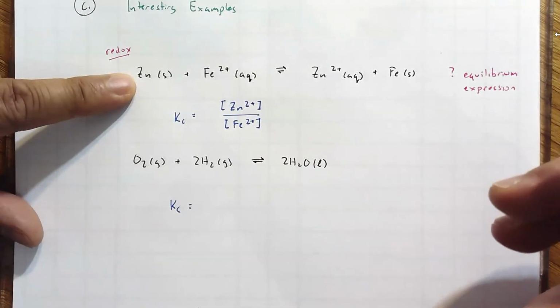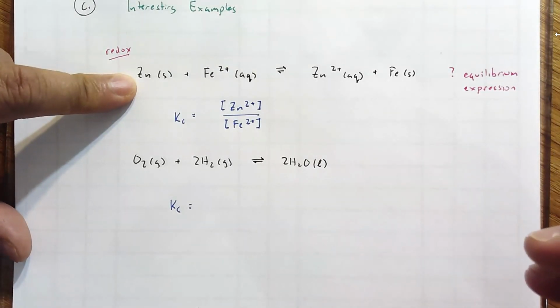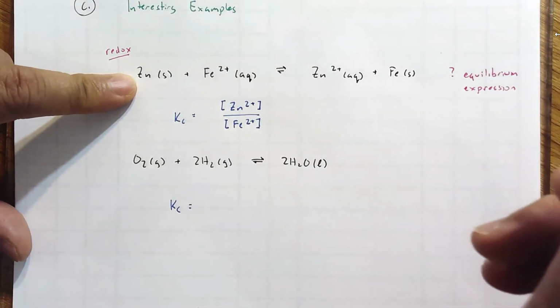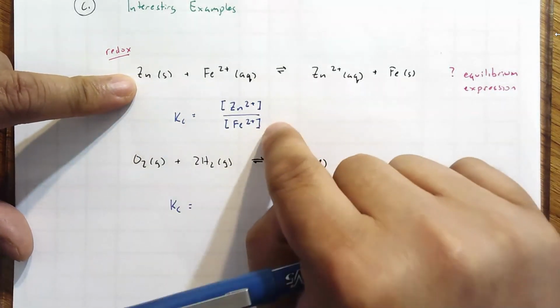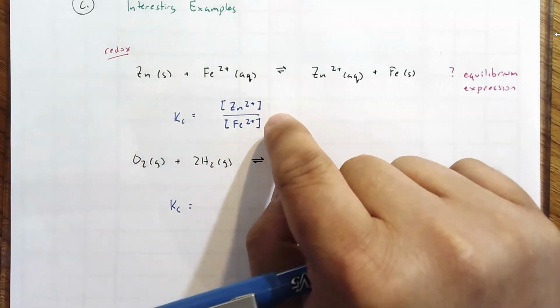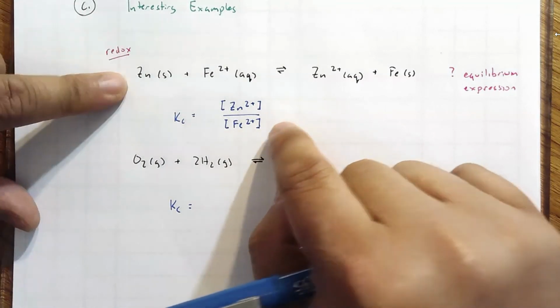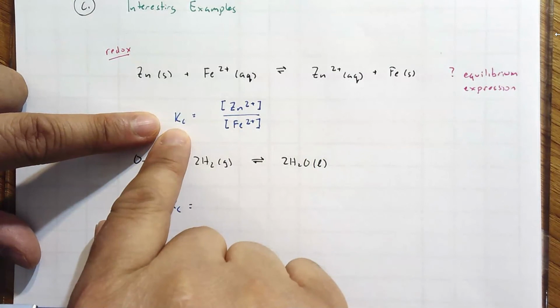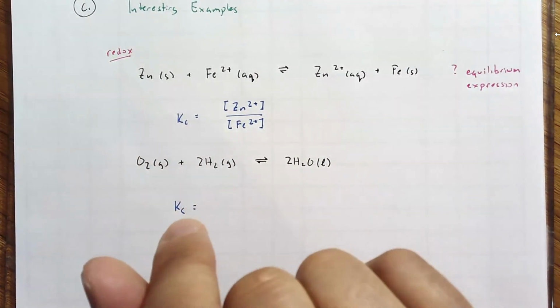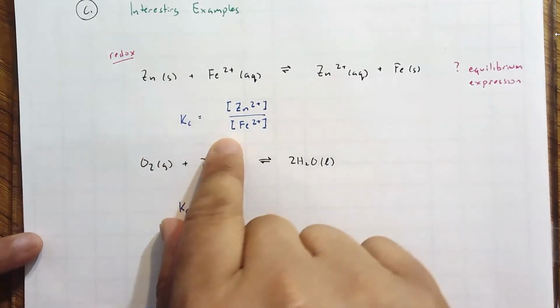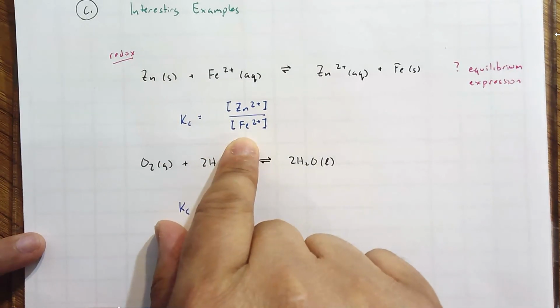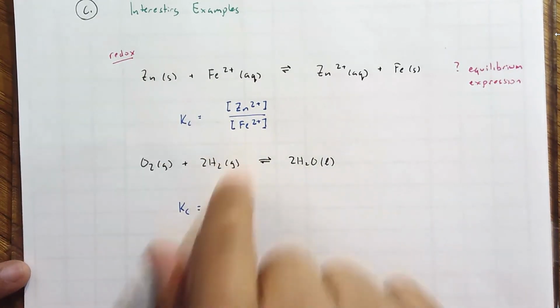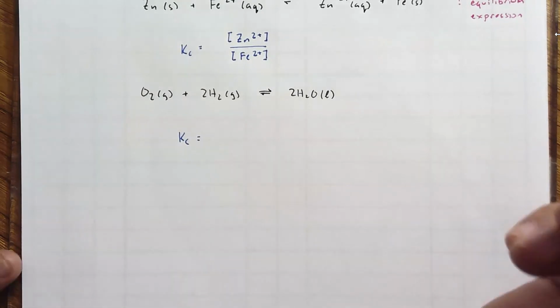You could add more zinc solid, and nothing will happen because changing the amount of the solid has no relevance to the Kc. Did I know that already? I probably knew that, I just never verbally said it.